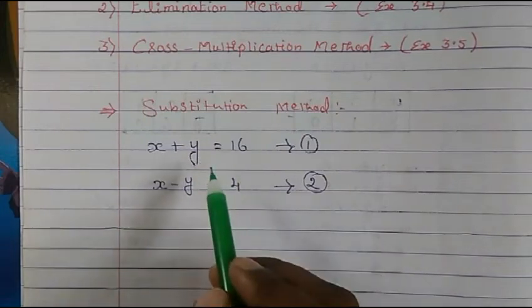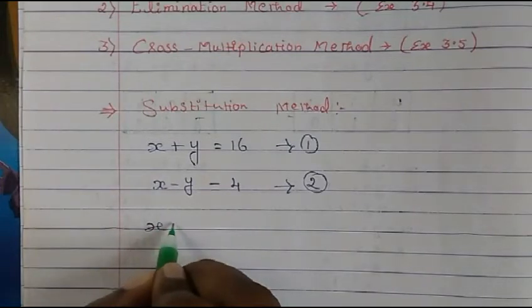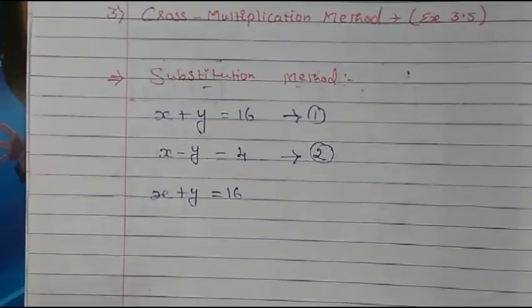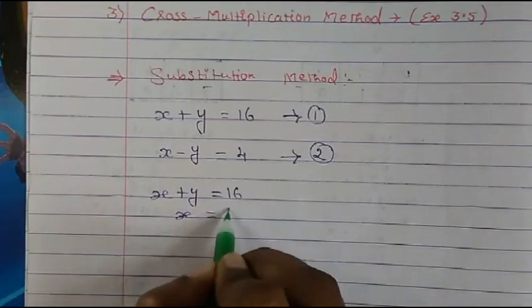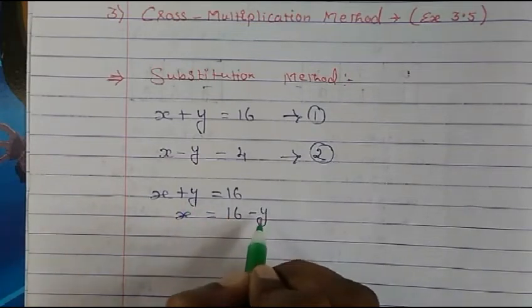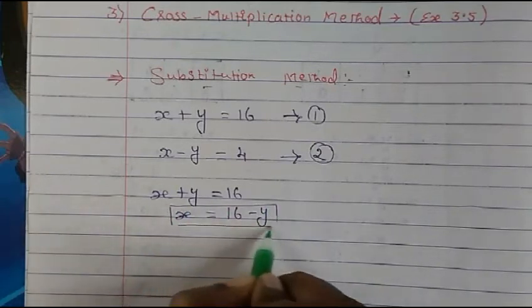Let's take the first equation, that is x plus y equal to 16. Let's find the x value. 16 is here, so when this plus y comes to the other side, it will become minus y. So we have x equal to 16 minus y.